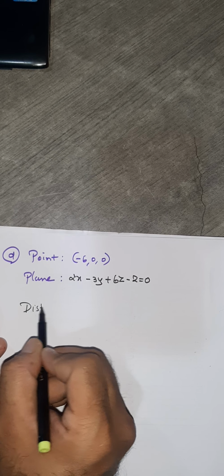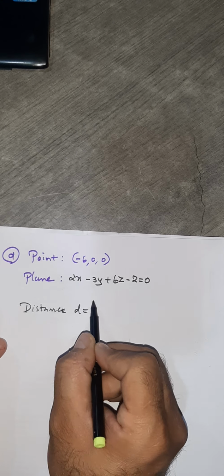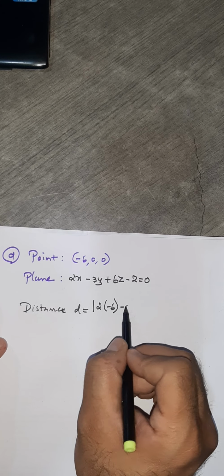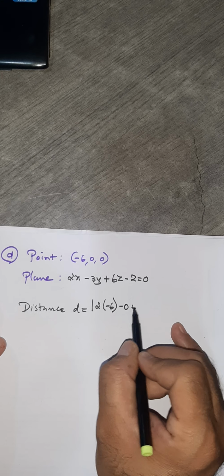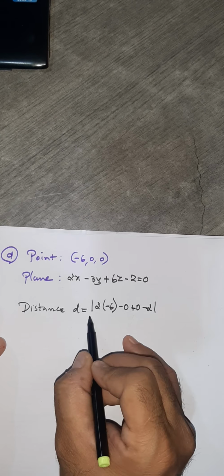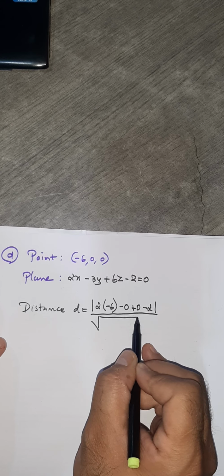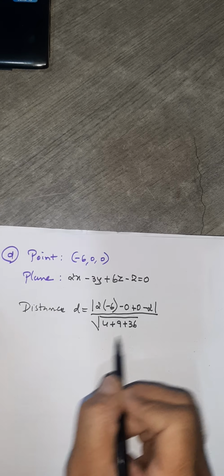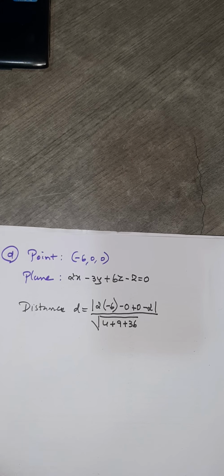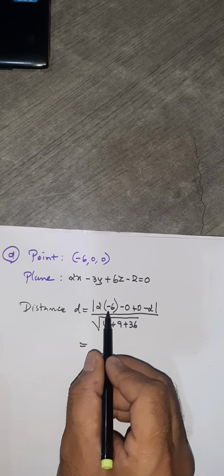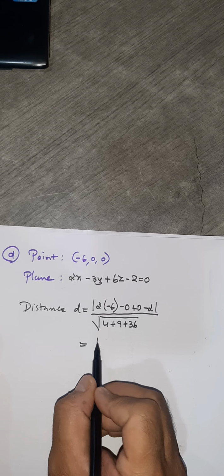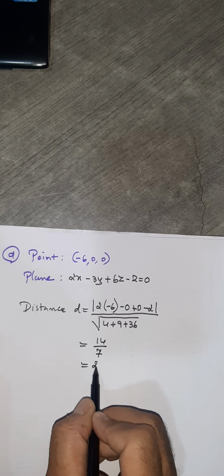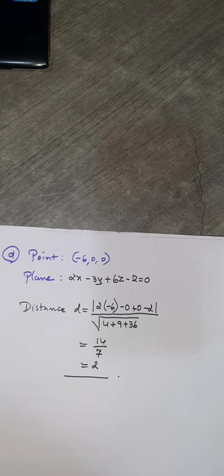So, therefore the distance small d equals modulus of 2 into minus 6, 3 into 0, so 0, plus 6 into 0, which is 0, and minus 2 here, upon root of a square plus b square plus c square. So 4 plus 9 plus 36. So this will be minus 12 minus 2, so minus 14, but because of the modulus it would be 14. This is just 7, so we'll get 2. This is the required perpendicular distance.